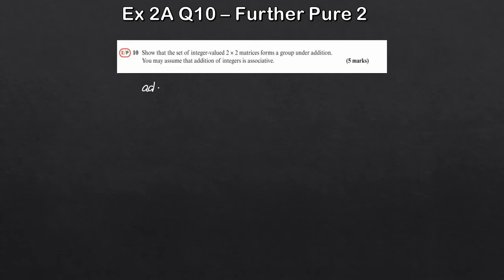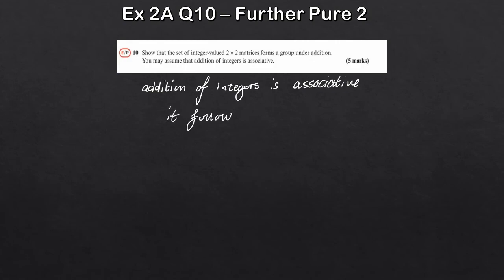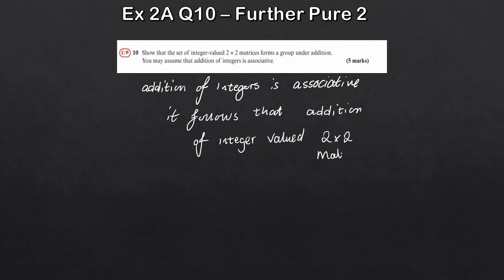So as the addition of integers is associative, it follows that addition of integer valued two by two matrices will also be associative.